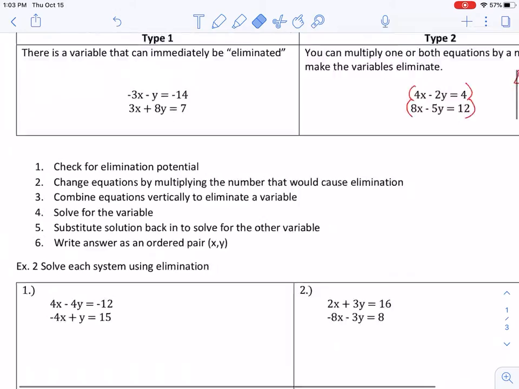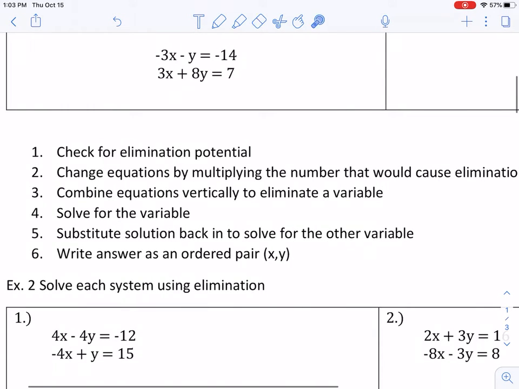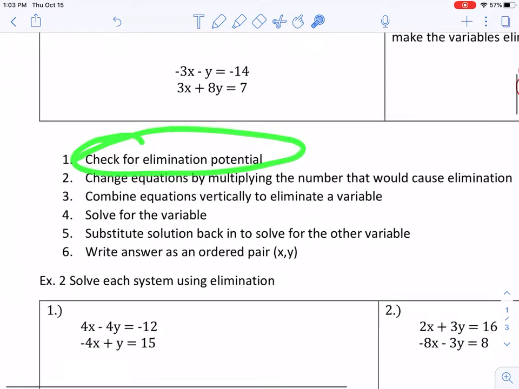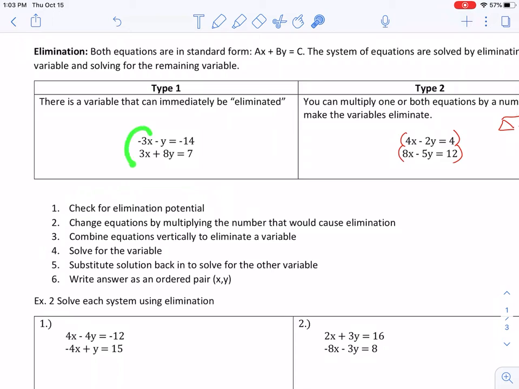So here are some steps. We're going to check for elimination potential. Just like I did up here in type 1, I want to make sure what has the potential to be eliminated. If I'm looking at type 2, the easiest to eliminate would be our x values. If I multiplied a negative 2x to my top term, that would create a negative 8 that would make it eliminate.